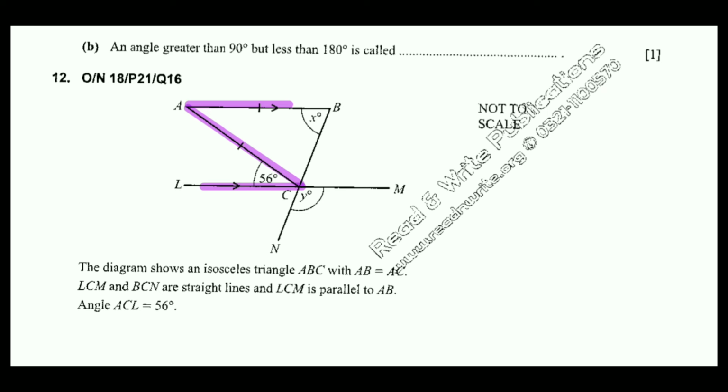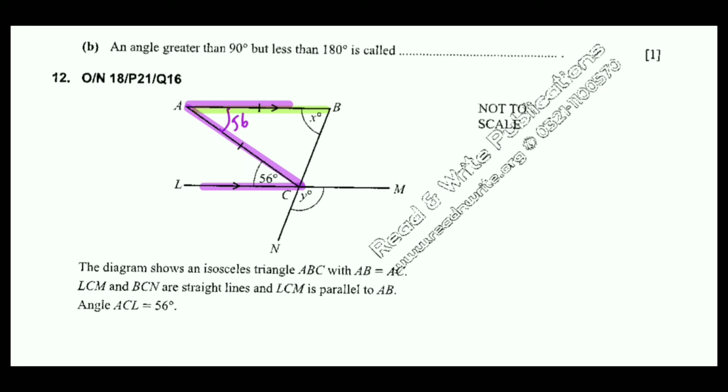So we can see here the Z angle, or you can say alternate angles. So if this angle is 56, that angle will also be 56. The isosceles triangle's property is that its base angles are equal.